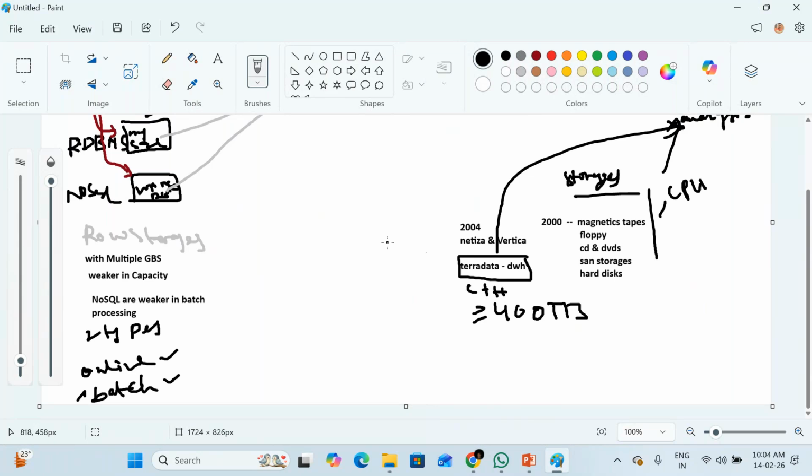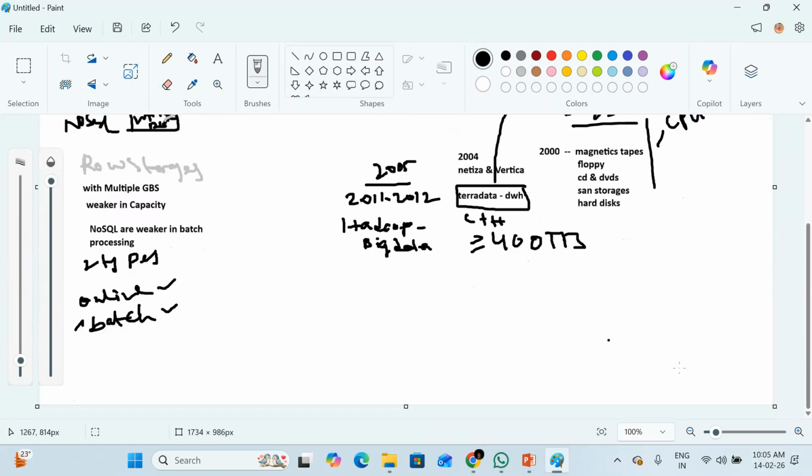In 2005 it actually came, but people started using it from 2011-12, sir. I think you have heard about it: Hadoop Big Data.